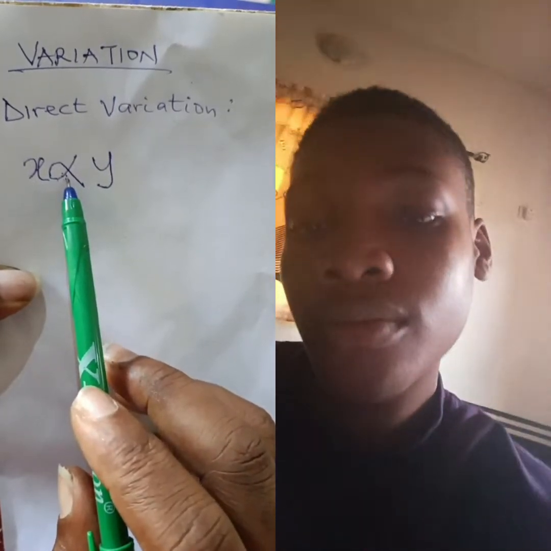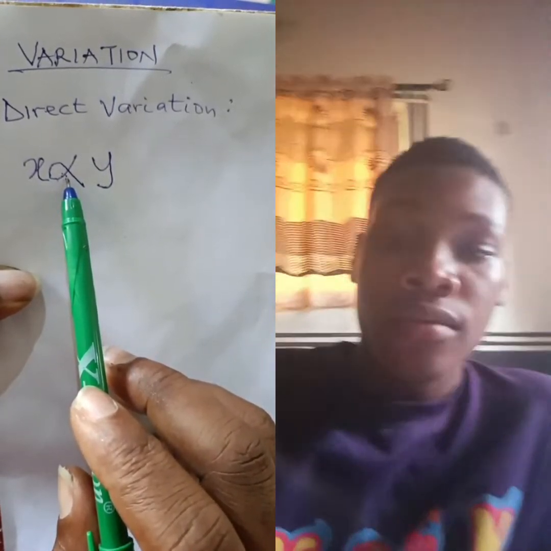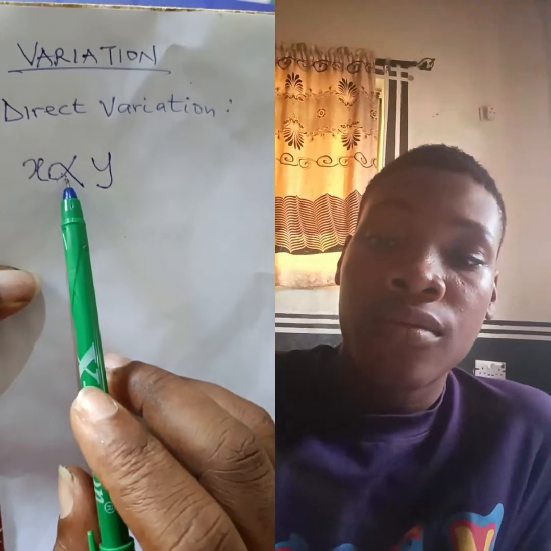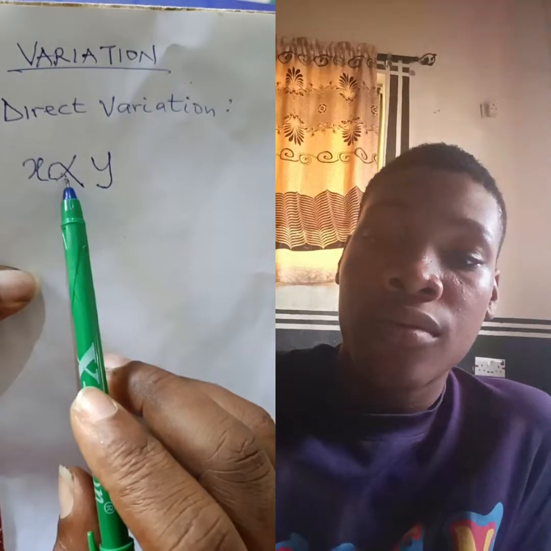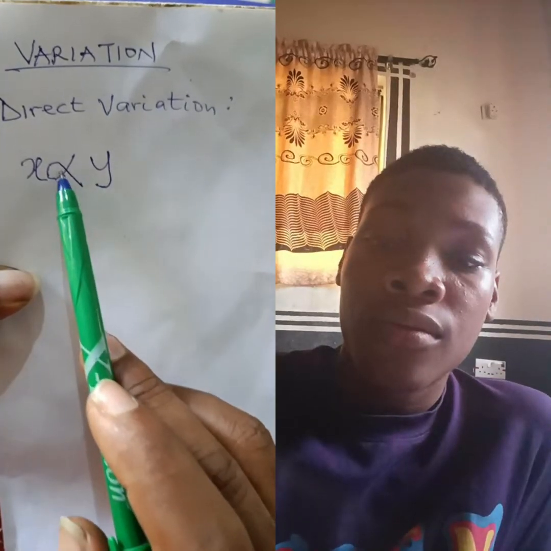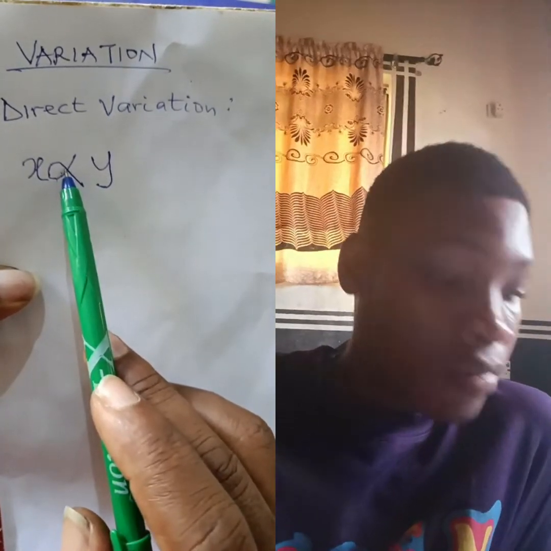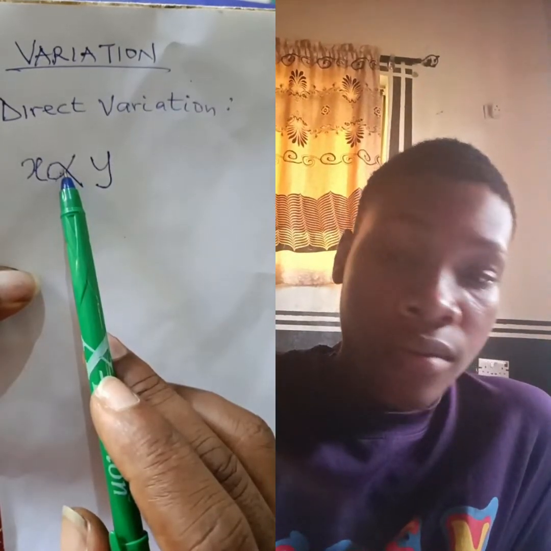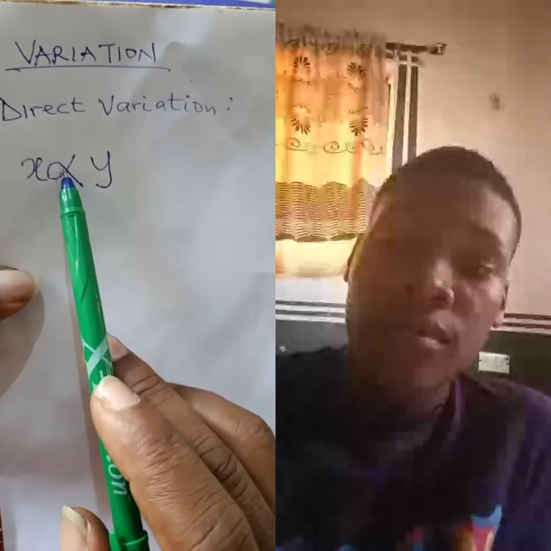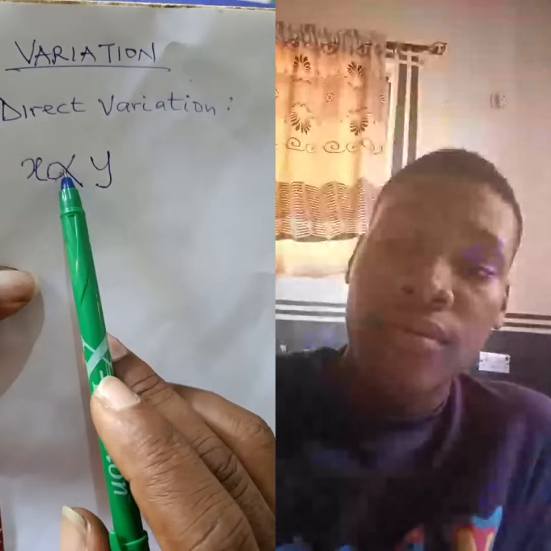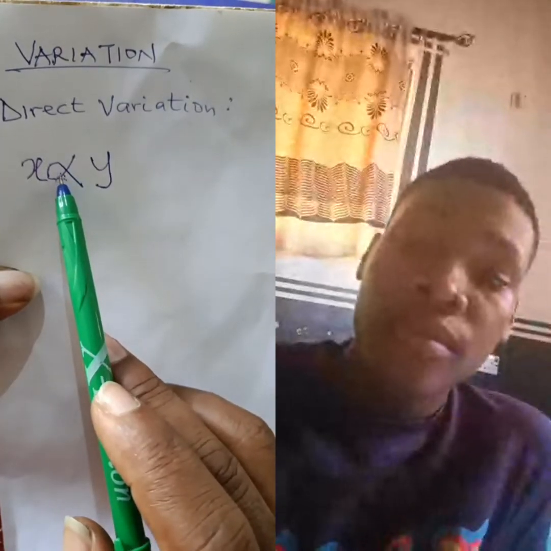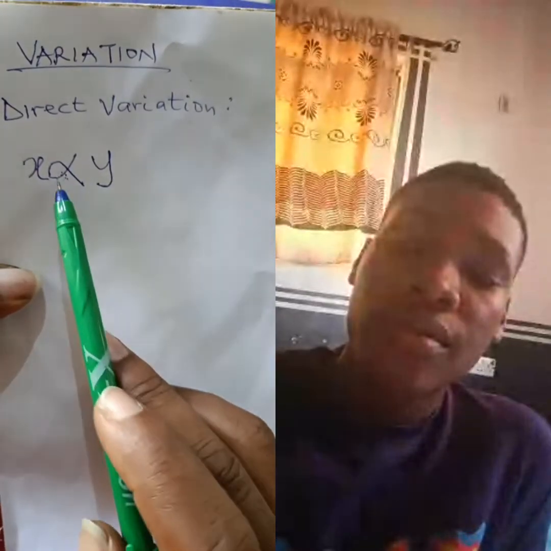And to remove this sign of variation, you must put equal to and a constant. Do you get that? Do you get what I just said? Yes.